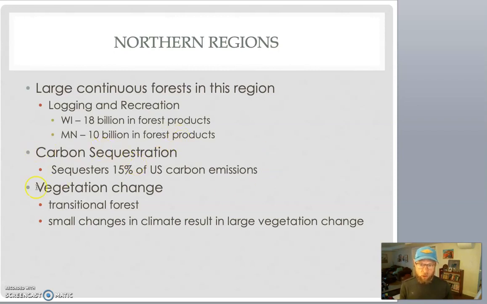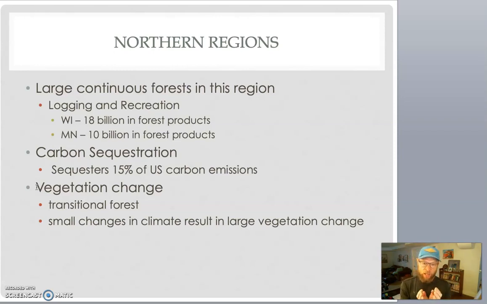Also, these forests sequester about 15% of US carbon emissions. So for the US in particular, these forests are really important from a carbon budget standpoint. Lots of these forests are in what we would call transitional forest, where it's transitioning from eastern deciduous to boreal forest.